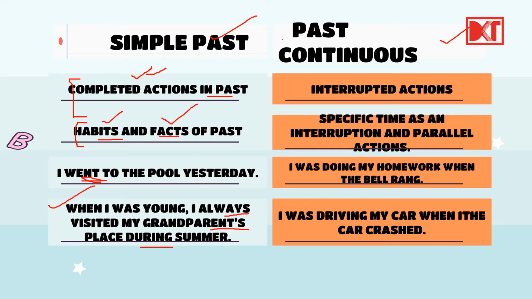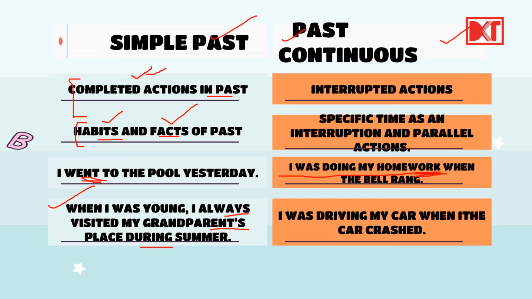Now for past continuous, past का कोई interrupted action. Specific time as an interruption and parallel actions. जैसे मैं आपको example देती हूँ कि I was doing my homework when the bell rang. ये हो गया past continuous कि मैं अपना homework कर रही थी, past में कर रही थी, और फिर क्या हुआ? ये action interrupt हो गया, right?